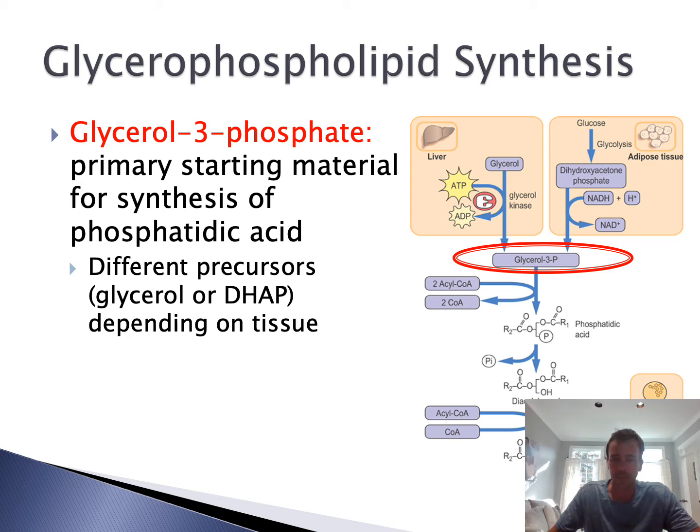The route to which you get to that point is a little bit different between the two tissues. But after you get glycerol 3-phosphate, then you can make phosphatidic acid, diacylglycerol, and so on, triacylglycerol, and so on. But you can make phospholipids from phosphatidic acid, as we've talked about in other lectures.